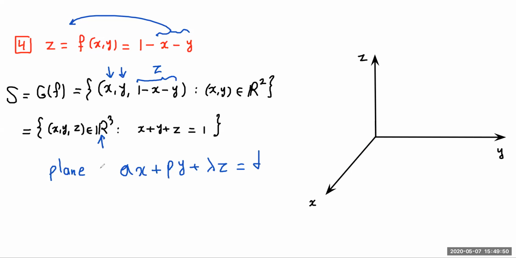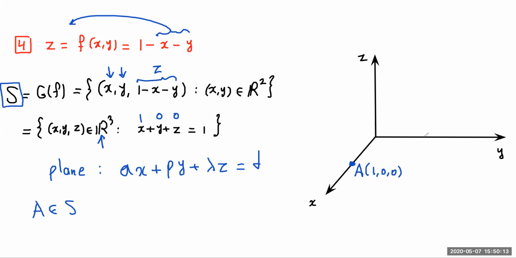So it's enough to find 3 points on this plane. So let's take these points. This point A, 1, 0, 0. So the point A, if I put 1 and here 0, it's correct. So the point A exists on S, the graph of the function, the surface of the function.